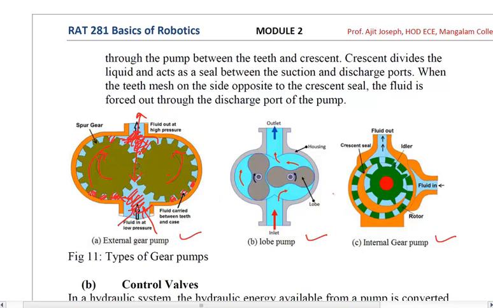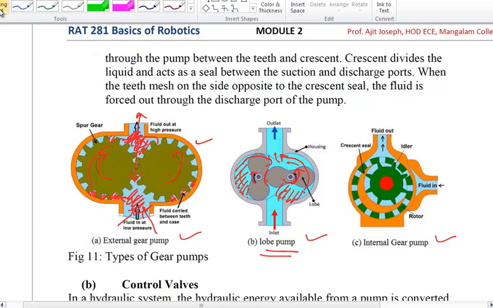Clear? The same concept is used in the lobe pump, wherein you do not have the spur gear, but a lobe system, where again the gap between these two is almost zero. As this is rotating in this direction and this is rotating in the opposite direction, this much chamber is filled with oil, and that oil will be released once it turns and brings it here. Similarly, as this is turning, it will take this much chunk of oil, rotate it, and leave it at the outlet.